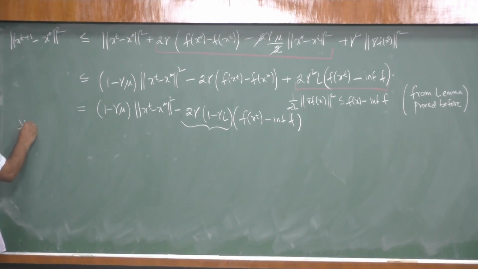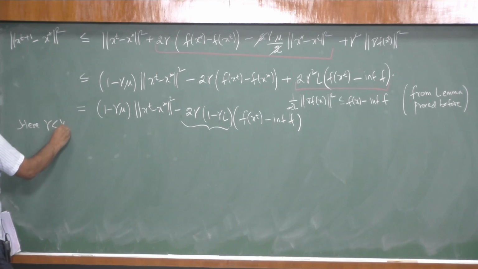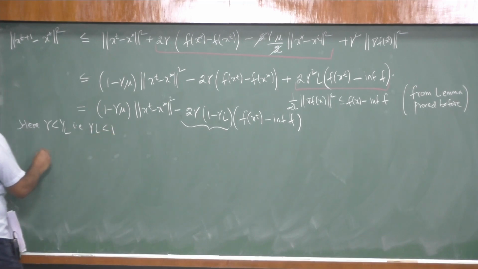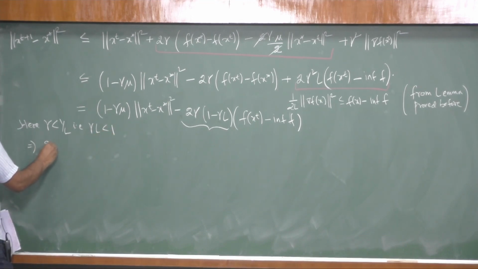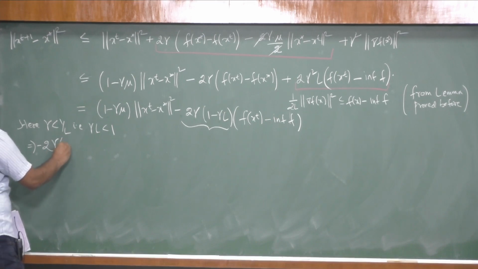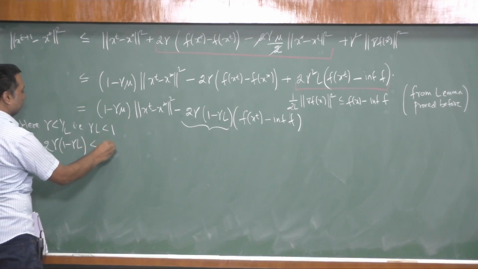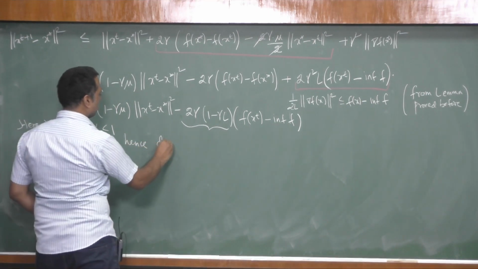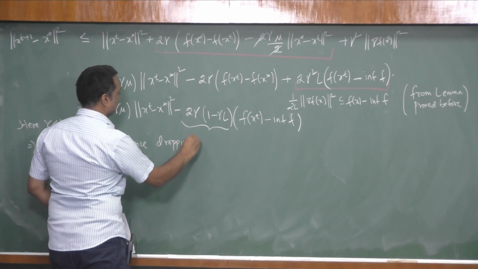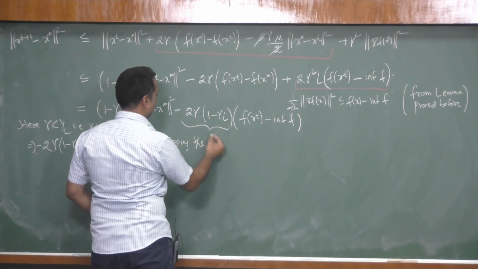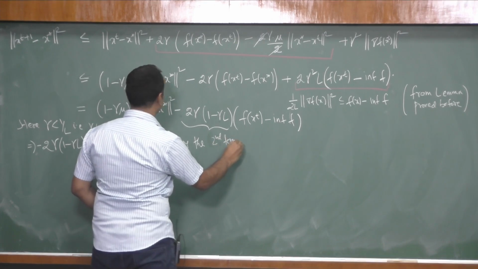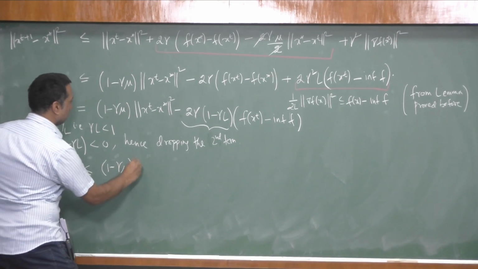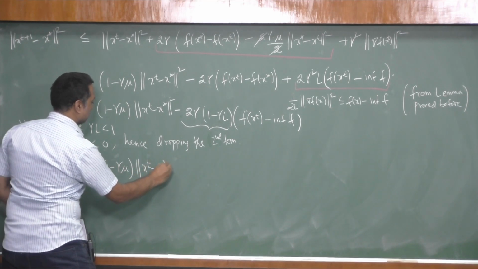So gamma L is less than 1, which implies minus 2 gamma times 1 minus gamma L is surely less than 0. Hence dropping the second term, we still get this less than or equal to 1 minus gamma mu norm xt minus x star squared.